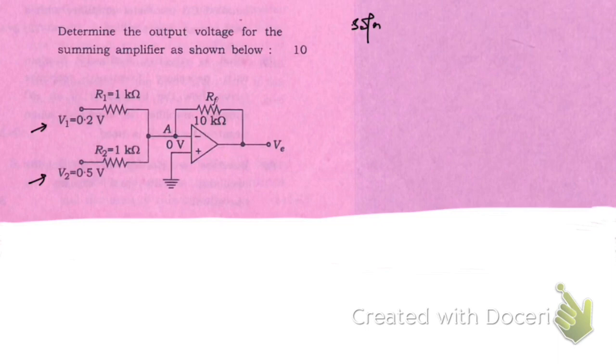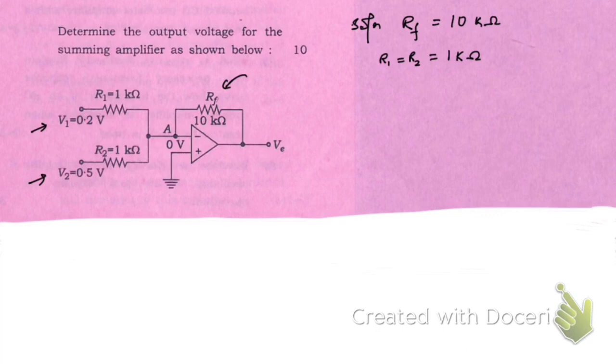RF here is 10 kilo ohm, and R1 and R2 both are 1 kilo ohm. Then we need to find the output voltage.